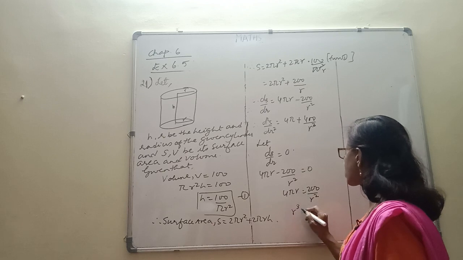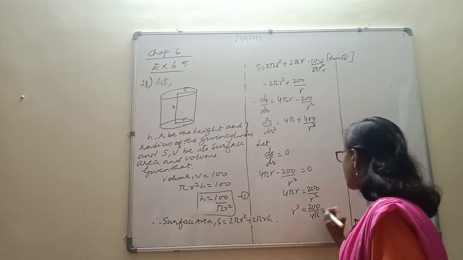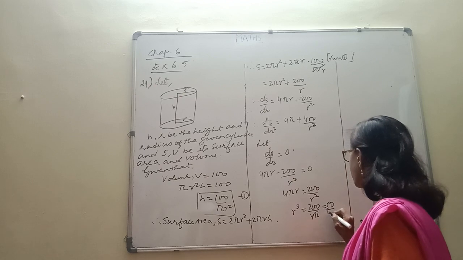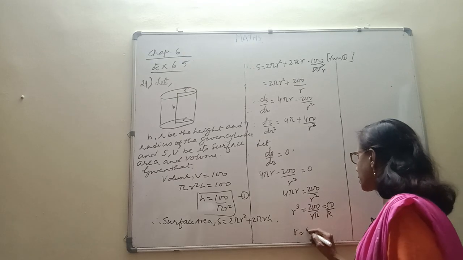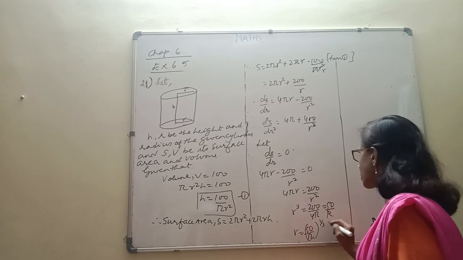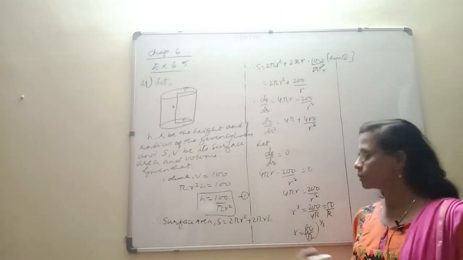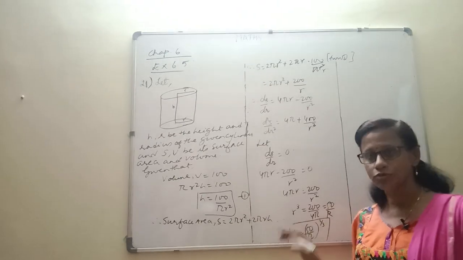So r times r squared is r cube. Let the 4 pi come on this side. So we are left with 50 over pi, because 4 can cancel. So r can become 50 over pi raised to 1 over 3, that is the cube root of 50 over pi, because this was r cube. So this is actually going to be your dimension and this is going to be your answer.